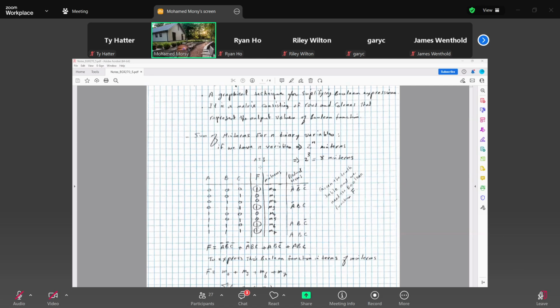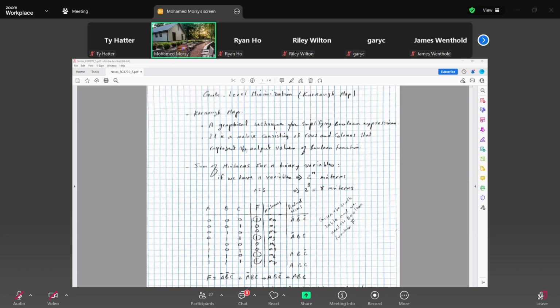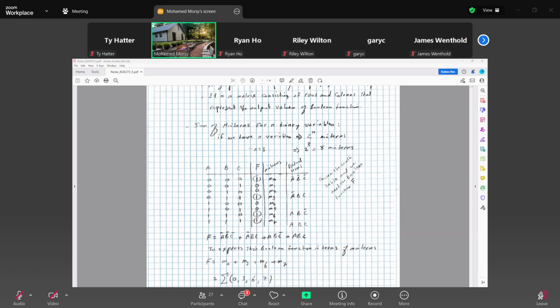So we mentioned if we have two variables, we will have 2 to the power 2, or 4 min terms, or 4 boxes in the Karnaugh map. If we have 3 variables or 3 inputs, we will have 2 to the power 3, which is 8. 4 inputs or 4 variables, we will have 16.